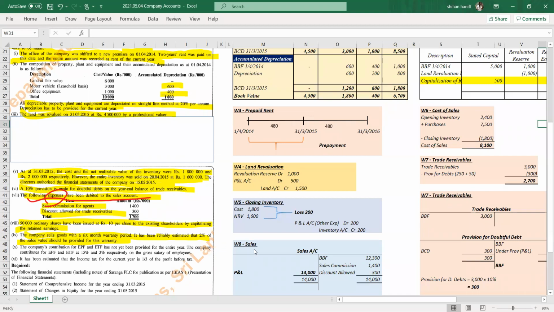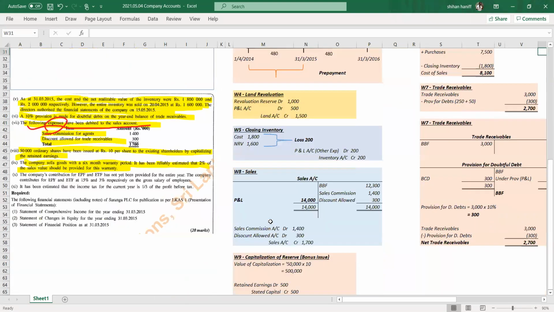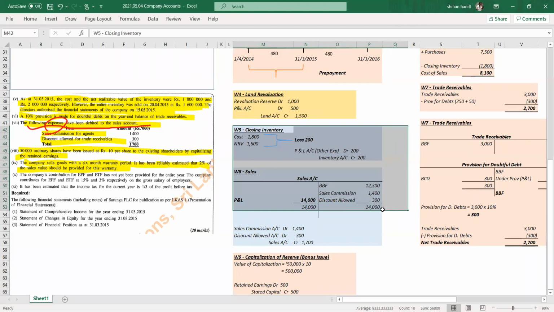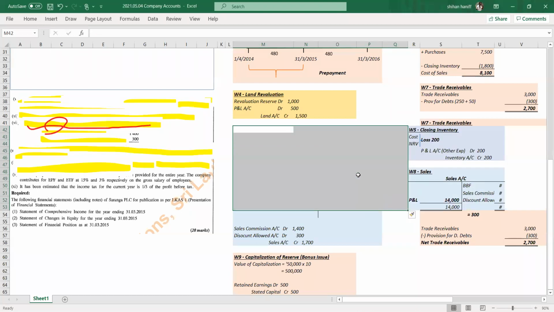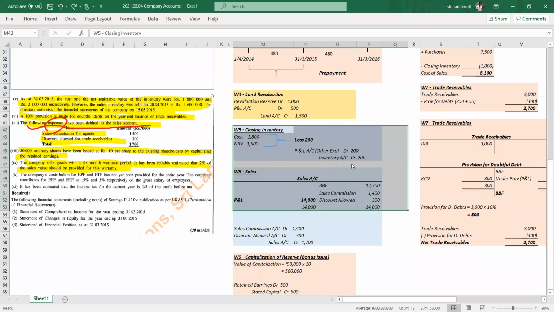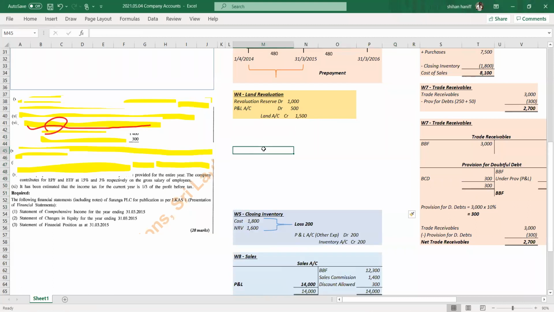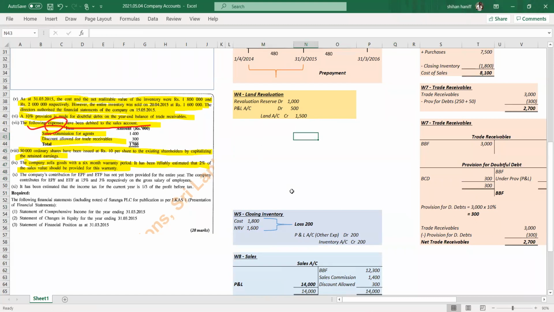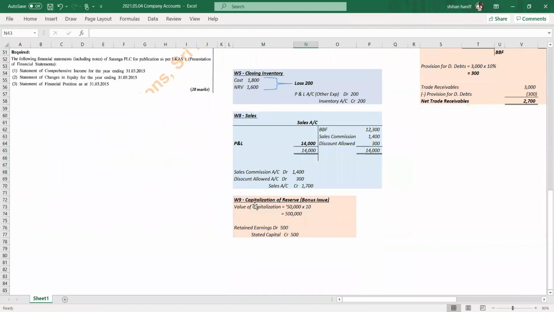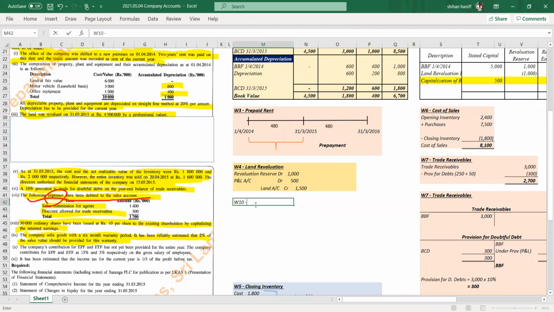Now we do another working, working number 8, warranty provision.